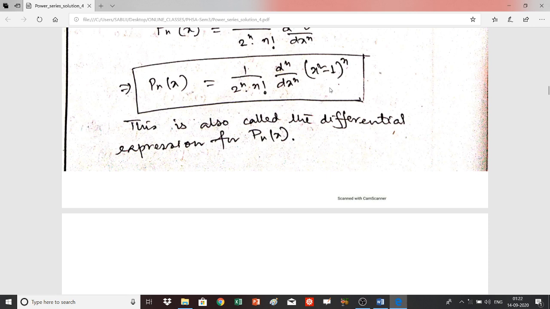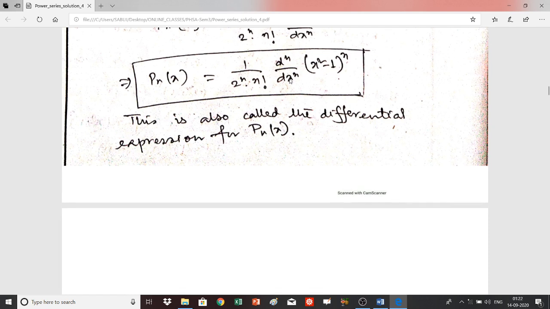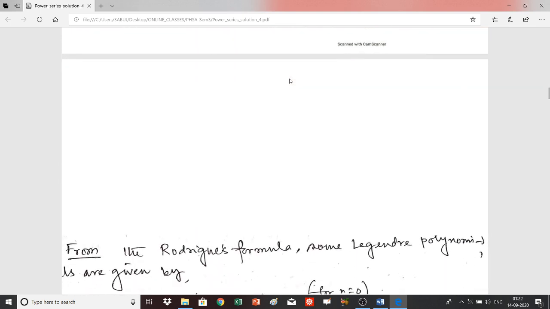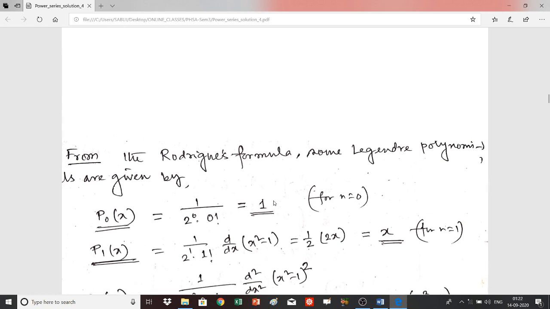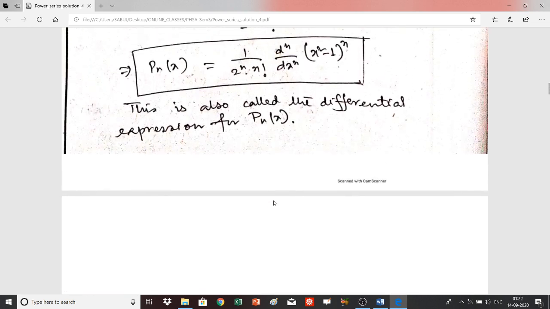Since in this case n is equal to 0, there will be no differentiation, and the first term, 1 by 2 to the power 0 and 0 factorial, will give you 1. So using n equal to 0 in this relation, you can find the Legendre polynomial for the 0th order.